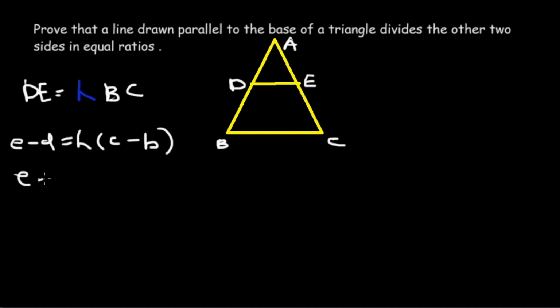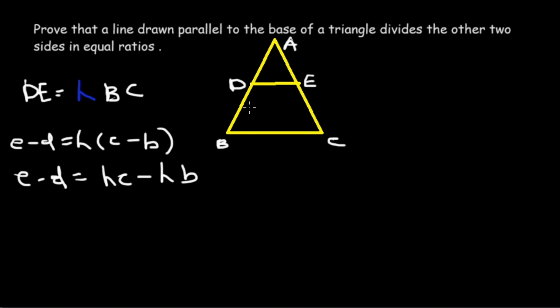Now, expanding this equation, we have lambda C minus lambda B, right? Now, the question states that we have to prove that DE divides AB and AC in equal ratios, right?